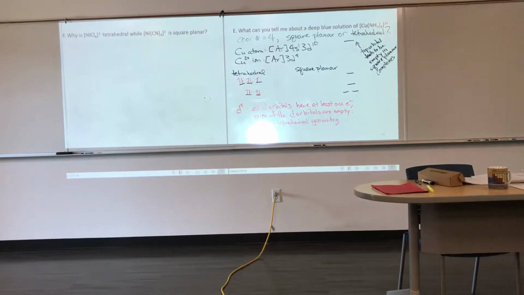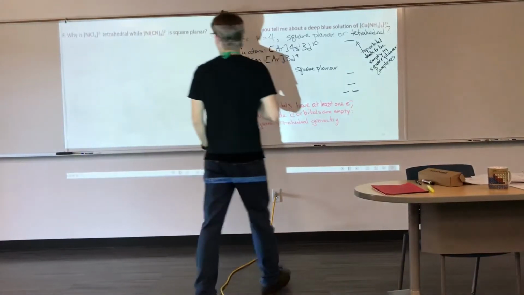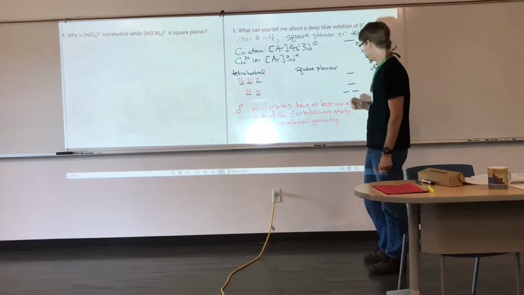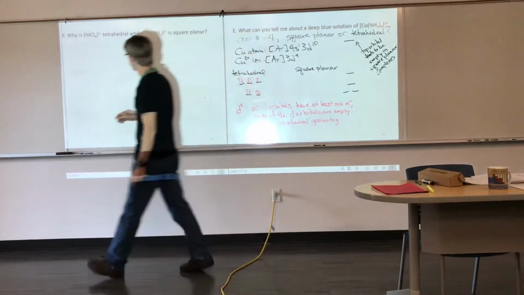Well, there we go. Why is NiCl4 with 4 chloride ions tetrahedral, while cyanide is square planar?